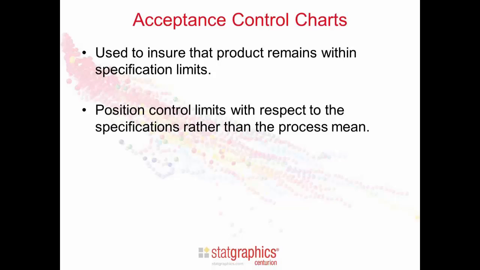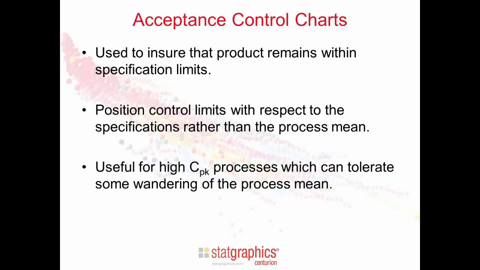Now, an acceptance control chart is going to be a very useful chart, particularly if you have a high Cpk process. Now, a high Cpk means that the data, the measurements that you're taking, are very comfortably within the specification limits.